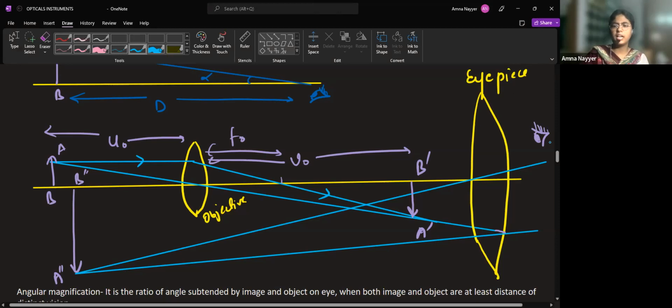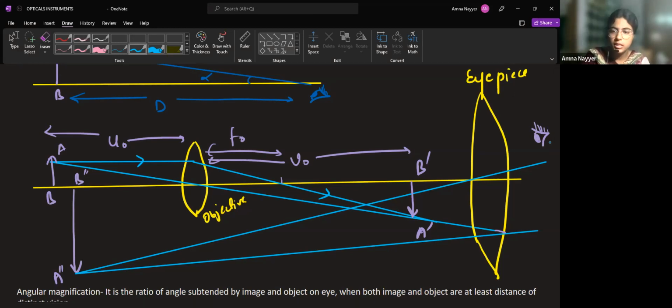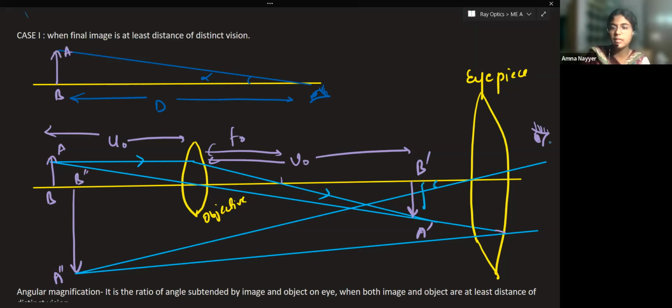Just shift the eye over here. At this point, you will have the human eye. This is just kept above. So at this point, you will get beta, the angle subtended by the image on the eye.